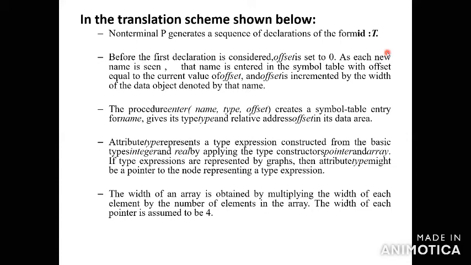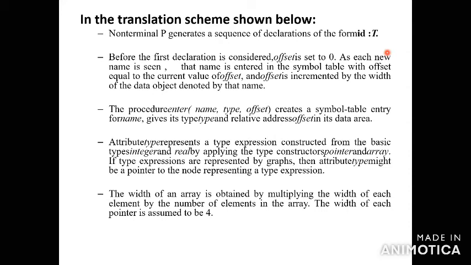So this is the first conversion of a popular programming language construct into intermediate code form. The first one is declaration. You have to declare each and every data type. Based on the data type, you represent the addresses and width of the given types. For the first declaration, the offset will be set to 0.